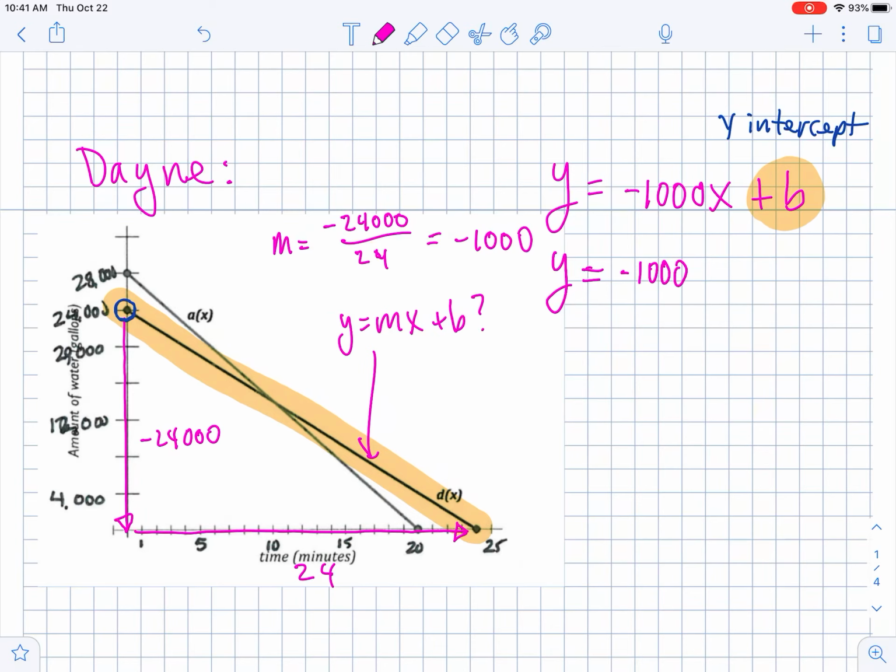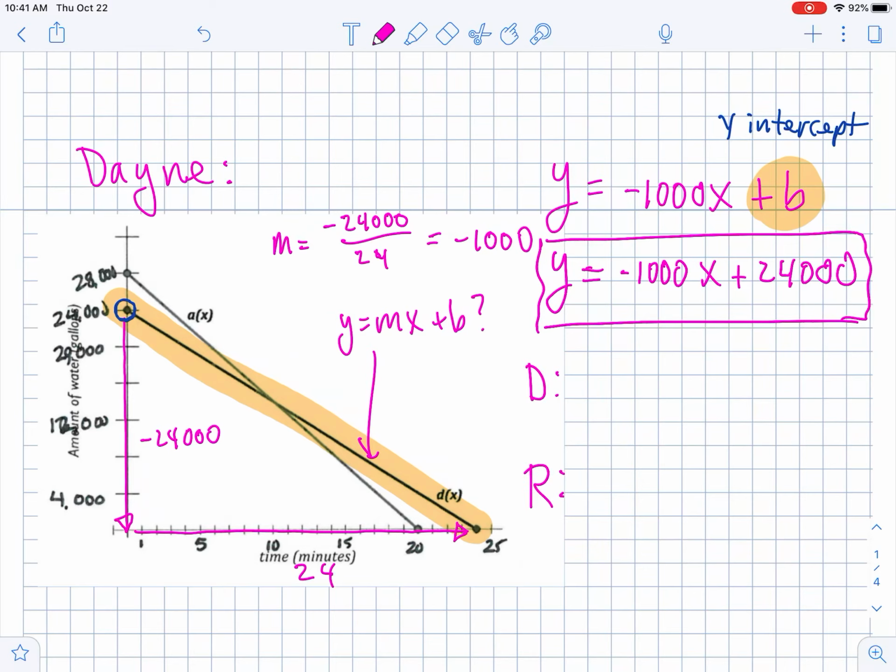So we can write the full equation: y equals negative 1,000x plus 24,000. Let's put a box around that because that's an important equation that we're going to use in this lesson.